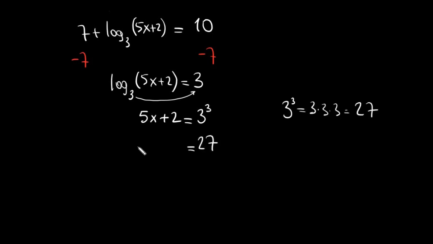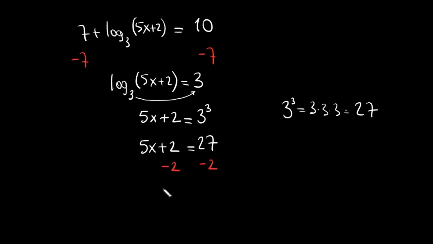So I'm going to write 27 here, and I have 5x plus 2. Now I can subtract 2 from both sides, because I want to get x alone. First I'm going to get rid of positive 2, and then I'm going to get rid of 5. So subtract 2 from both sides.